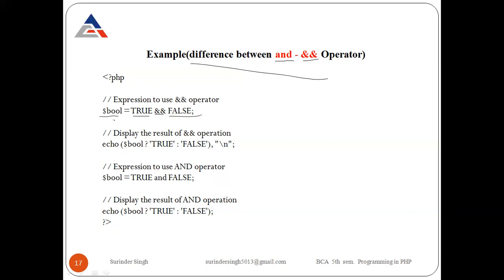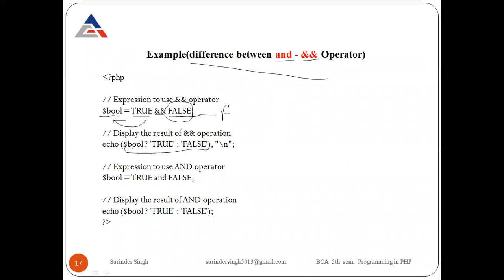And in bool, what will the value be? False. True and false will return false. And in the echo statement, we have a conditional operator. We will cover it in further slides.